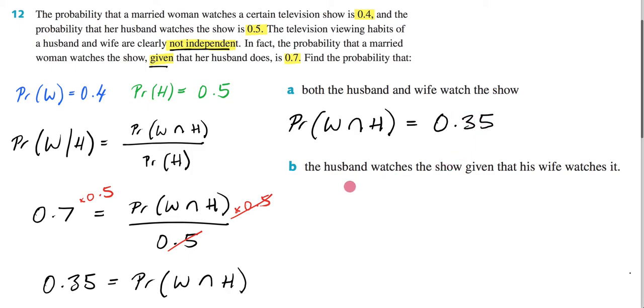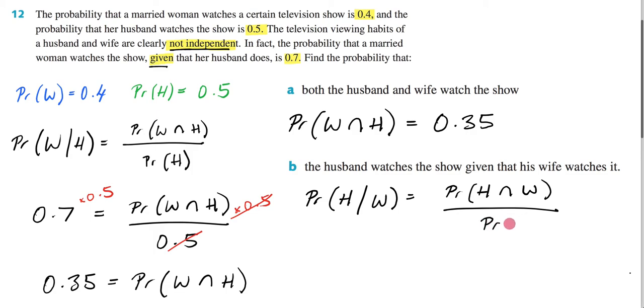Next, the husband watches the show given that his wife watches it. So it's going to be a conditional probability: the probability that the husband watches the show given that his wife does. Again, we write down our formula, which is the probability of the husband intersection wife, divided by the probability of the wife.